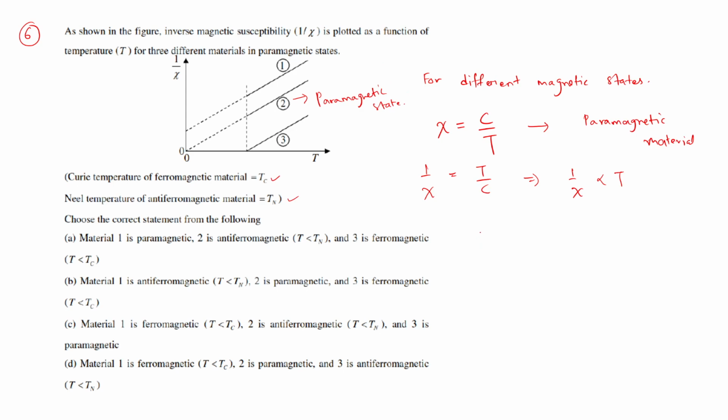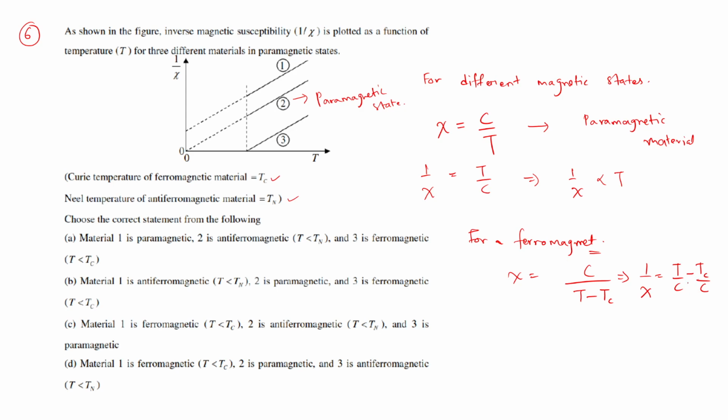Okay, now for a ferromagnet, the susceptibility is given by C over T minus Tc, where Tc is some critical temperature. Now if you take 1 over chi of this, from the expression for ferromagnetic susceptibility, this is T over C minus Tc over C. But C is a constant.